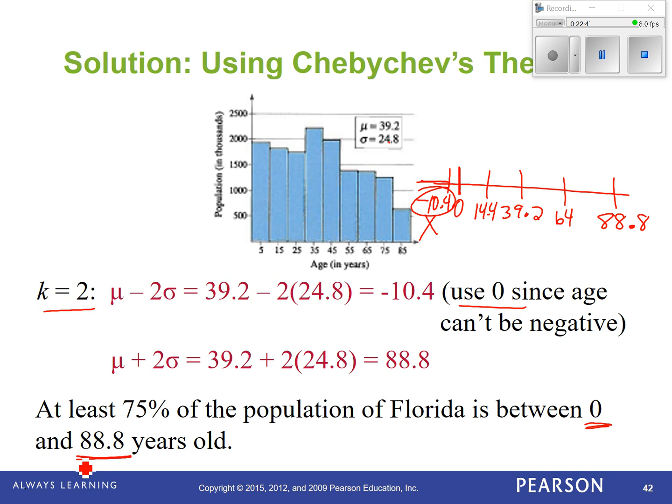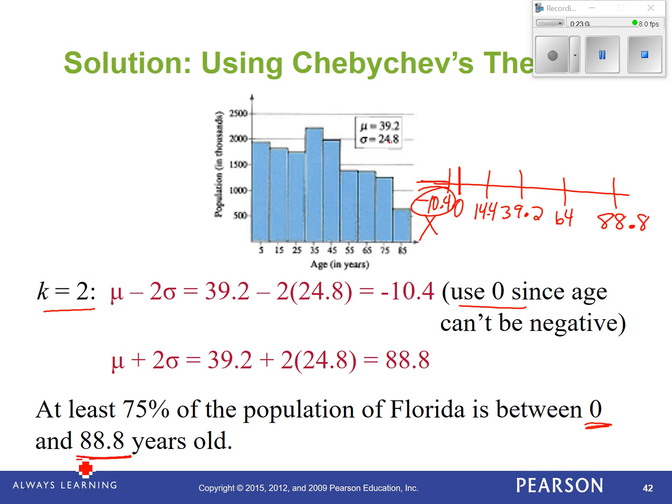And again, these are estimates. Some of you are probably saying, well, no kidding, it's not hard to say 75% falls between 0 and 90, because that's probably an even higher percentage than that.